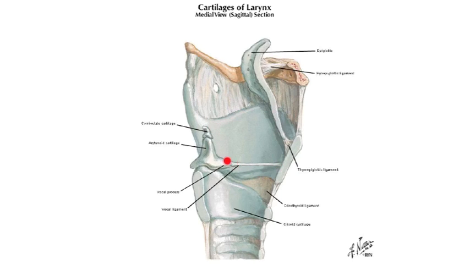You can see here this is the vocal ligament, or the vocal fold, or the vocal cord, which modulates the air flow in and out in order to produce sounds.